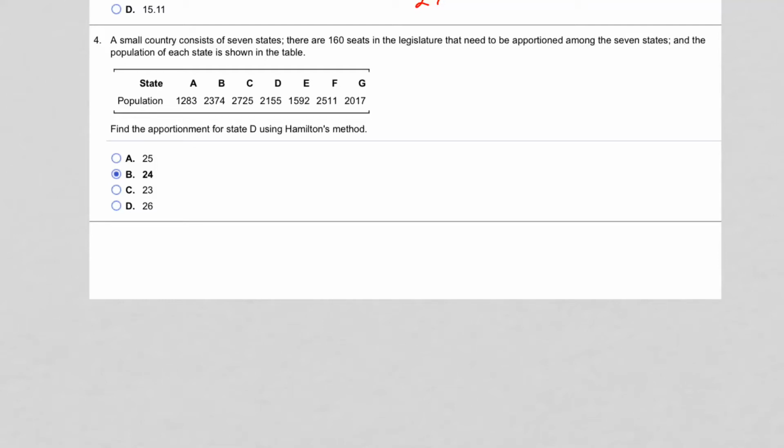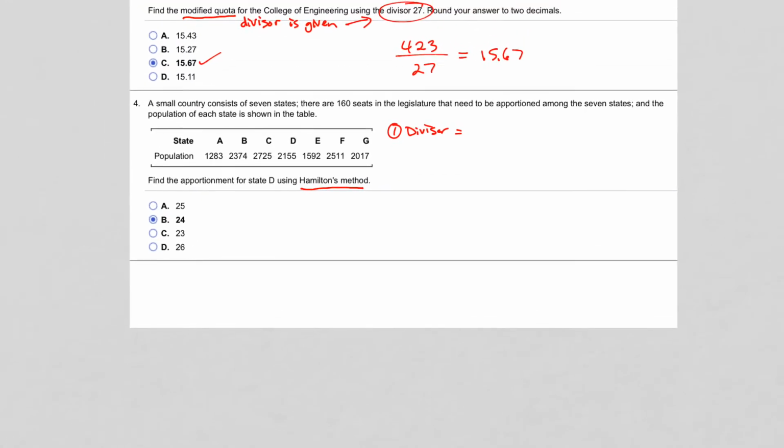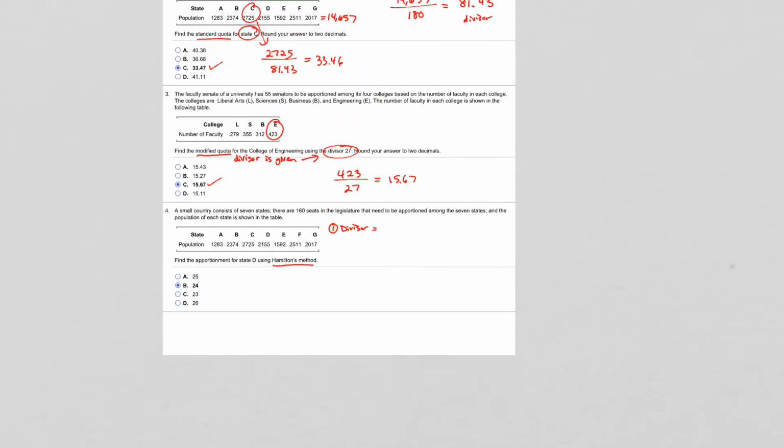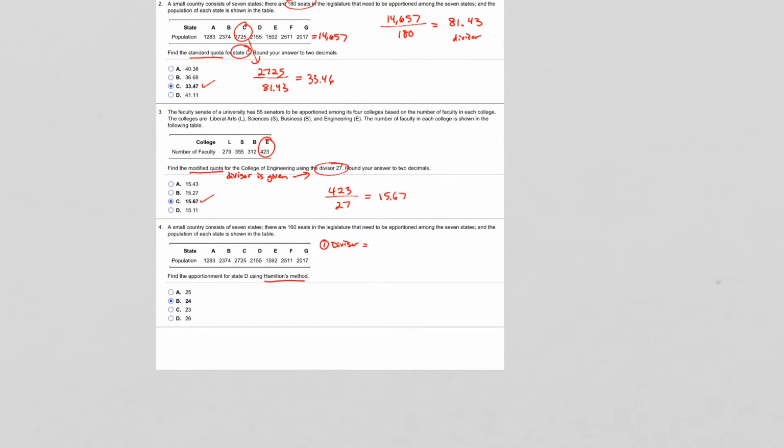Now we're going to use Hamilton's method. So we've got to go ahead and get our divisor. This is the same small country that we've been dealing with.